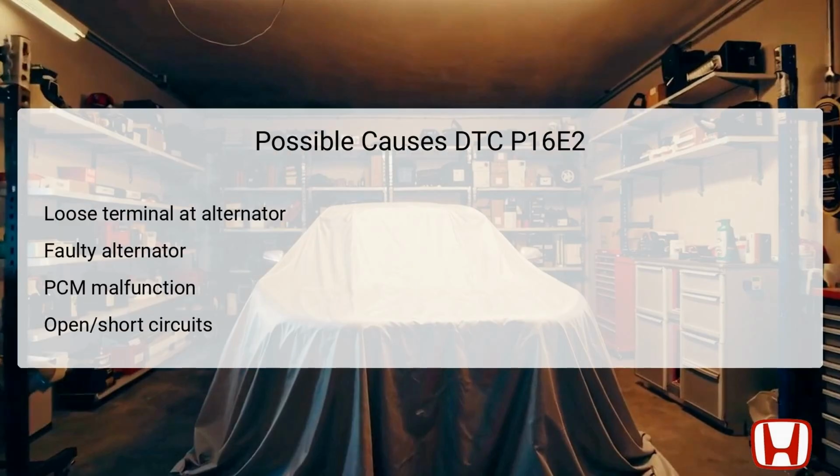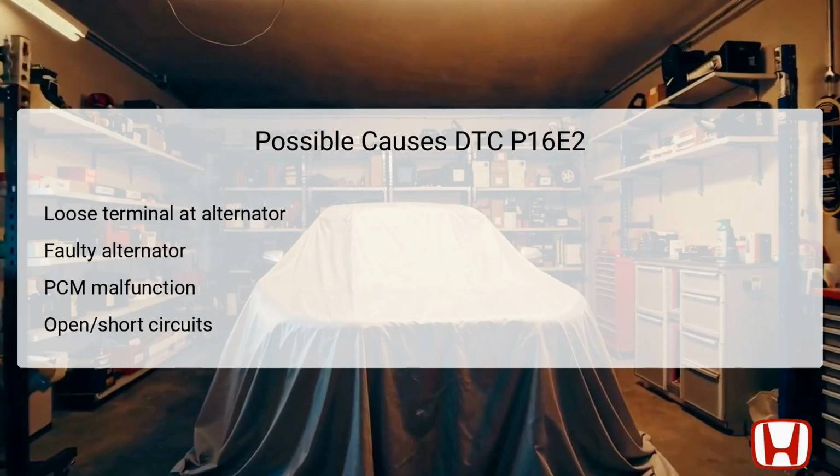Several potential causes can trigger the DTC P16E2. A loose terminal at the alternator's +B terminal is often the first to check, since it can disrupt the signal flow. Beyond that, a malfunctioning alternator can prevent proper signal transmission, indicating possible internal failures within the component.